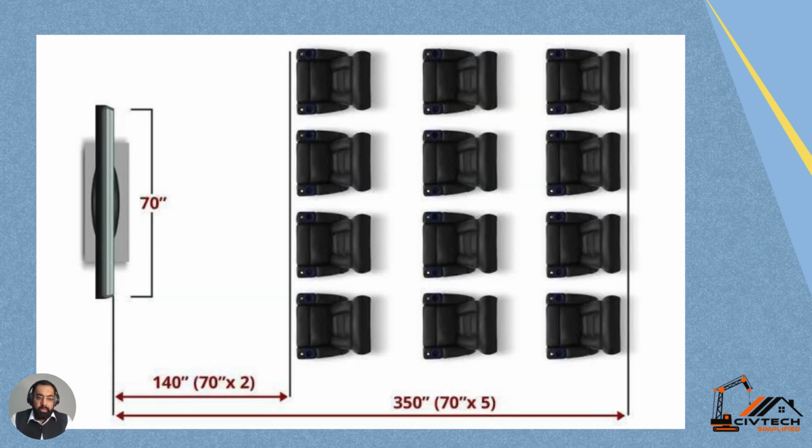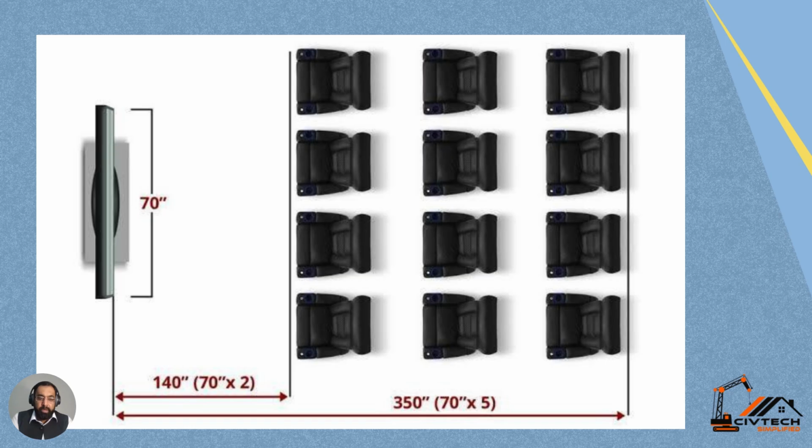You can see in this picture, the screen width is 70 inches, while the distance from the first seat to the screen is 2 times 70. So it's 140 inches. So minimum 140 inches should be left between the first row and the screen.